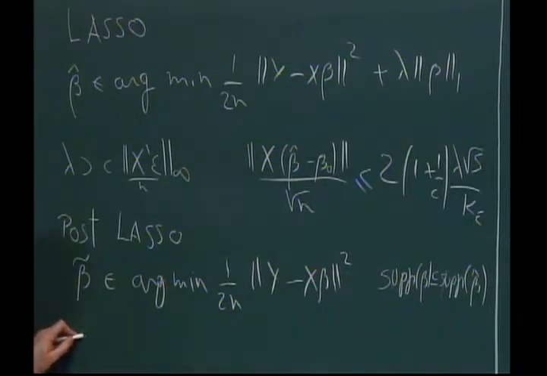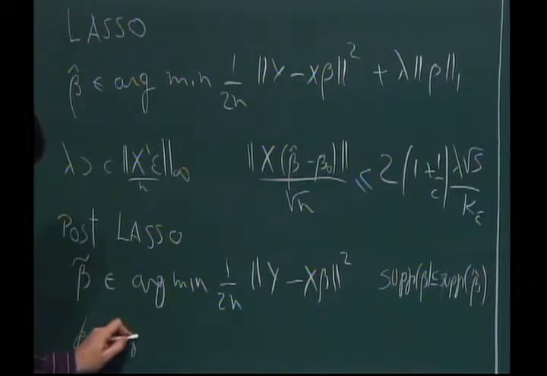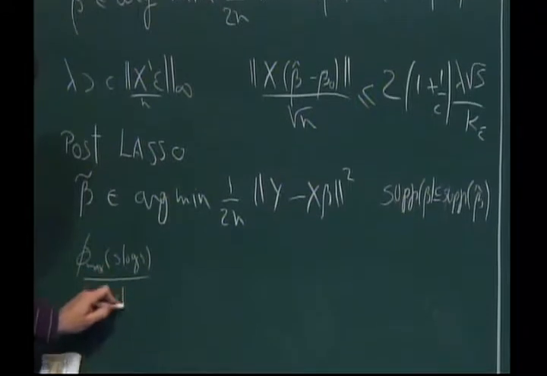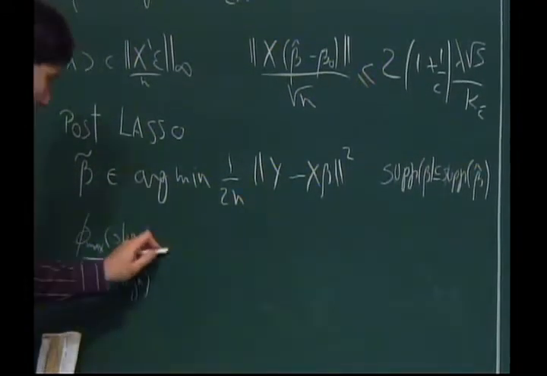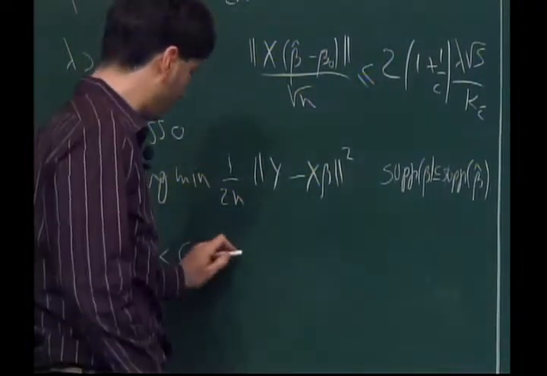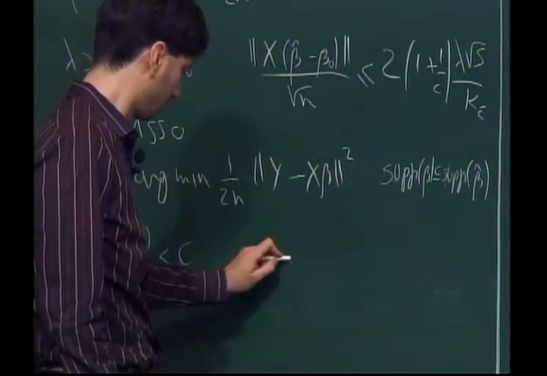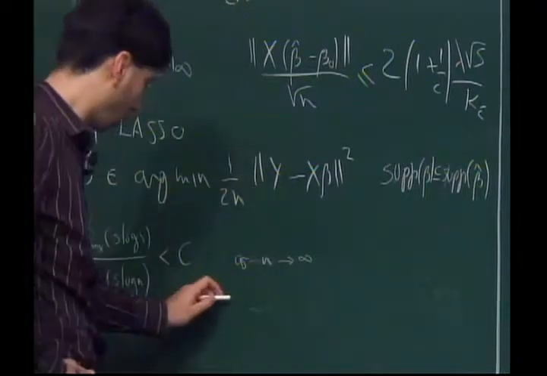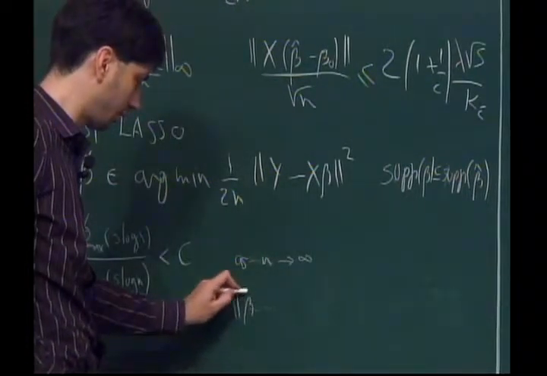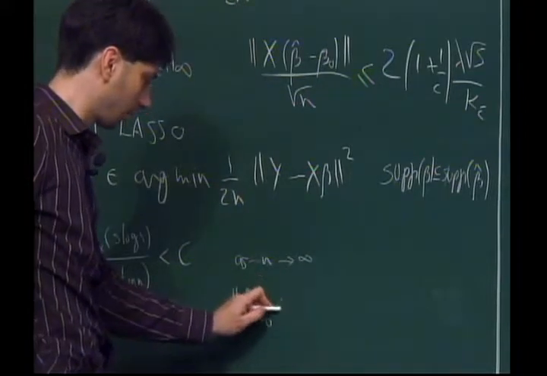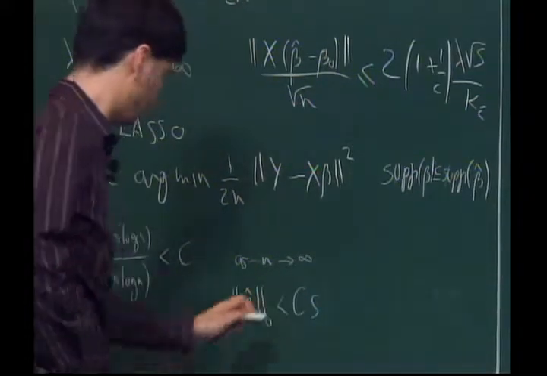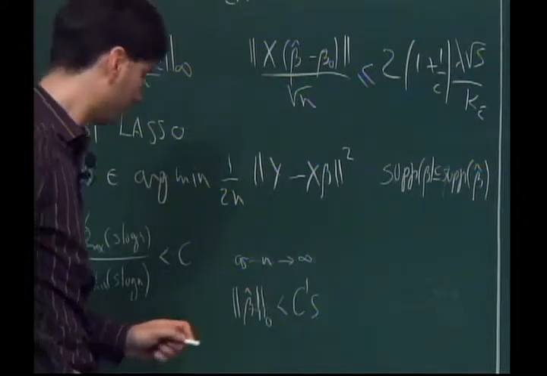And if you had this condition that the maximum, let's say, S log n sparse eigenvalue divided by the minimum S log n sparse eigenvalue is bounded as n goes to infinity, with high probability, we have that the size of the support selected by Lasso is bounded by a constant times the size of the true support.